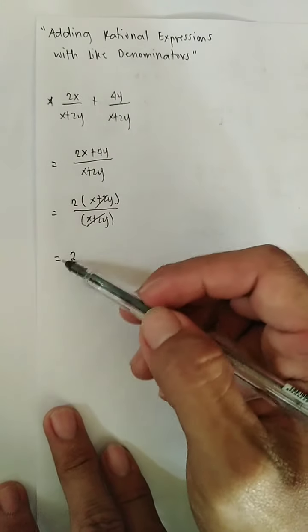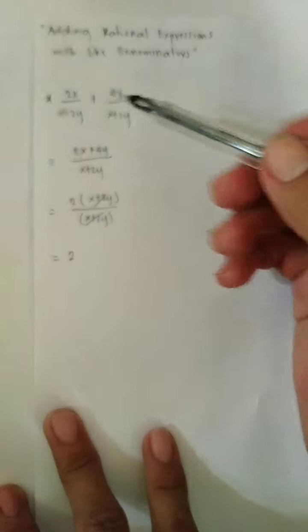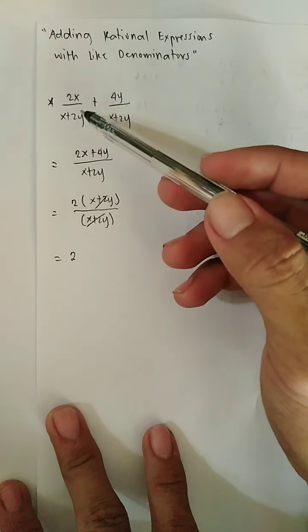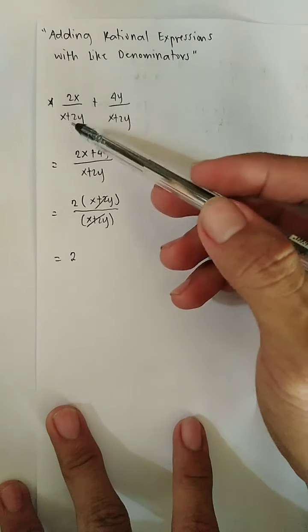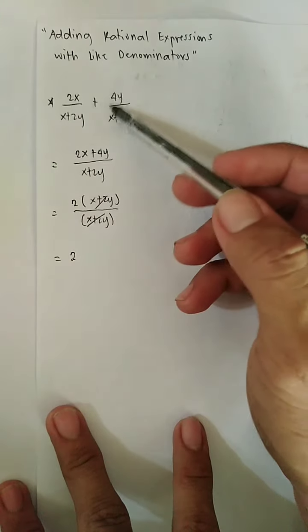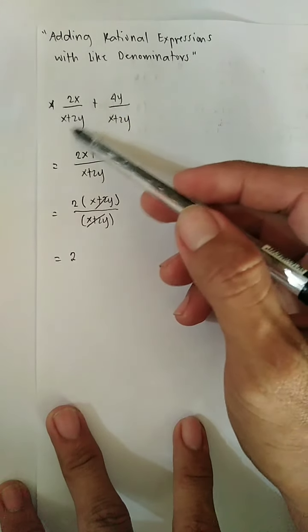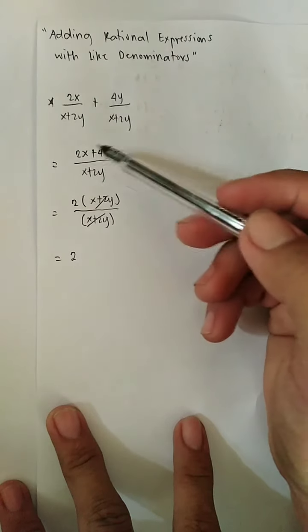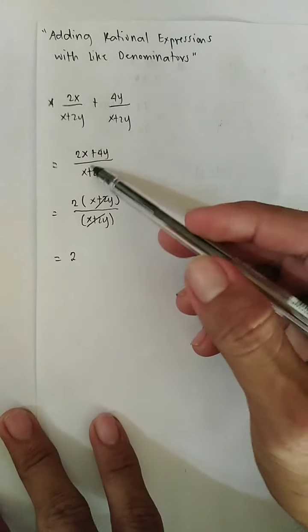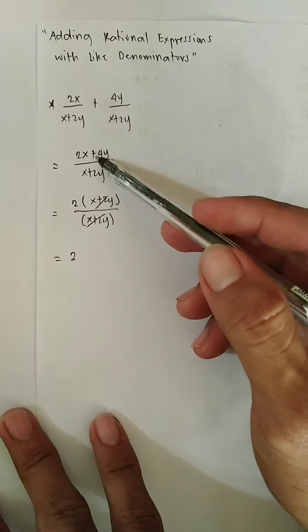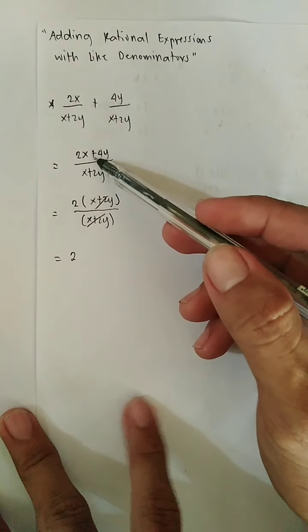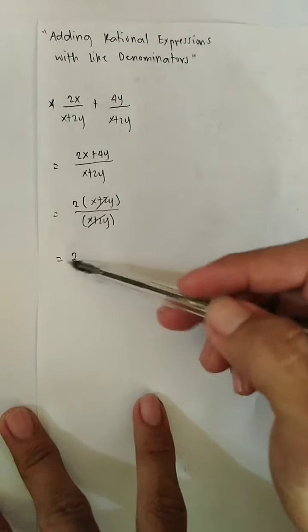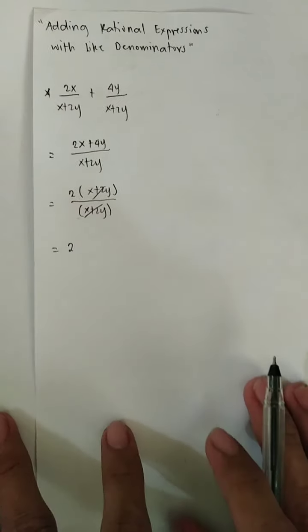So 2 is the result when you add the two rational expressions, 2x over x plus 2y plus 4y over x plus 2y. Don't stop here; you can simplify. Again, the rule says to simplify if possible. That is why we get 2. That is for the first example.